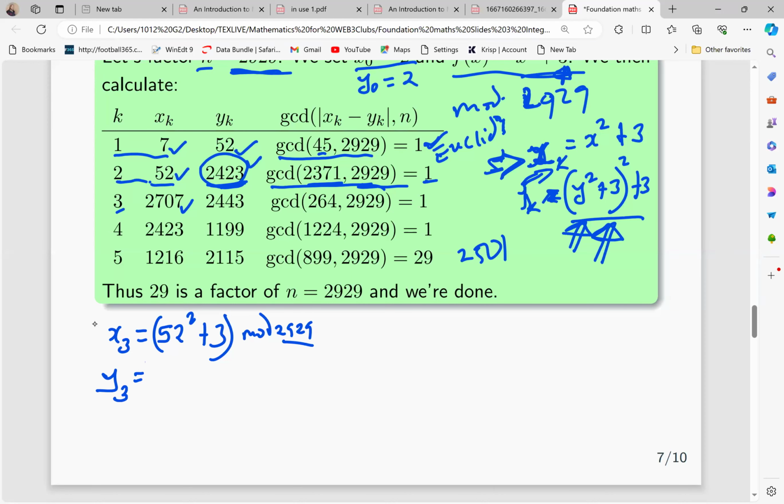So that means we are squaring 2423, then adding 3 to the result, then squaring the new result and adding 3 to it, then reducing mod 2929. On the calculator, 2423 squared is 5,870,929. This is a very big number.